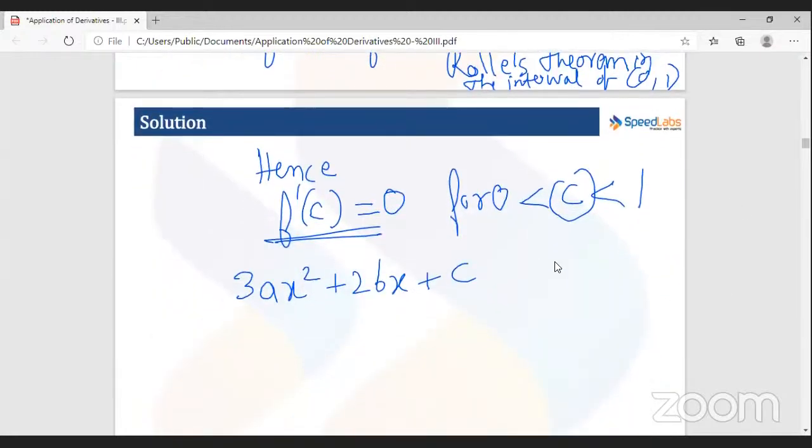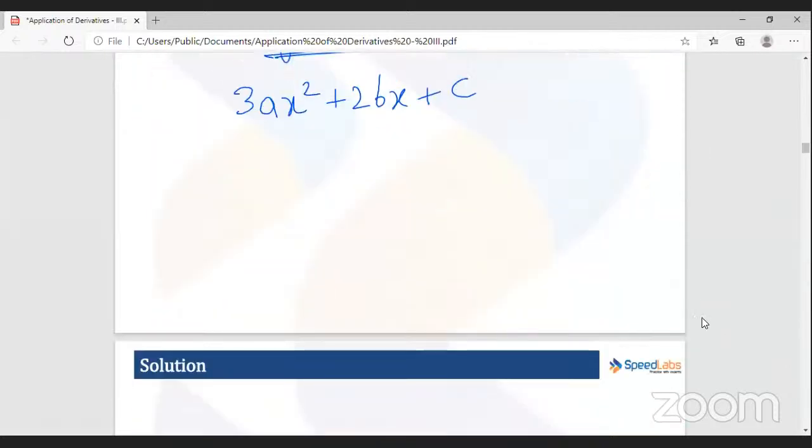So everybody understood this solution? Okay, so let's move on to the next question then.